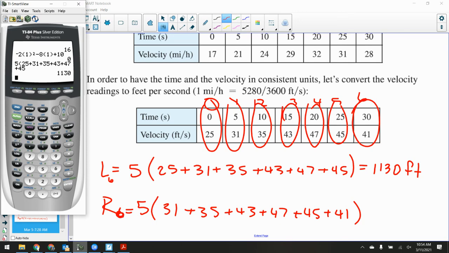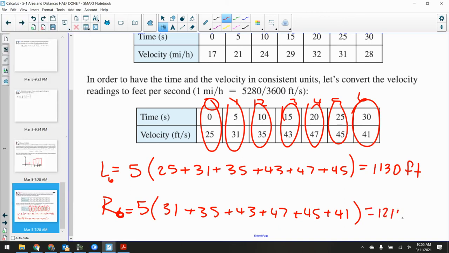I'm going to do that exact same thing. 5 times 31 plus 35 plus 43 plus 47 plus 45 plus 41. 1210.